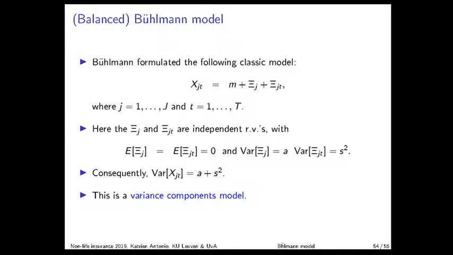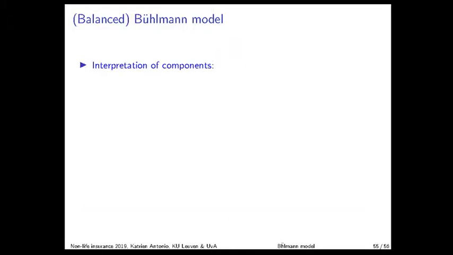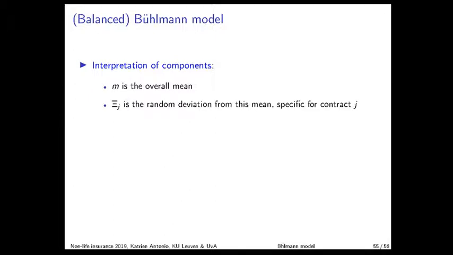Now, some interpretation can be added to these different components in the famous Bühlmann model. So we see that m is the overall mean, xi_j is the random deviation from this mean that is specific for contract j. Xi_j thus describes the risk quality of this contract. It also describes the heterogeneity between different contracts in the same portfolio or dataset.